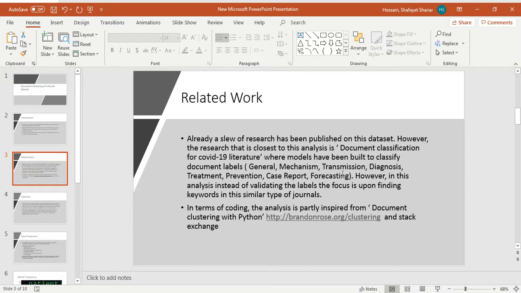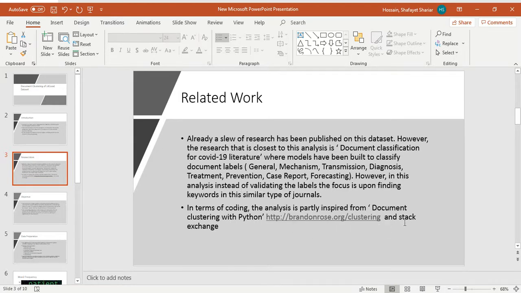However, my analysis differs in that instead of using these labels, I tried to cluster the documents based upon their terms, and my primary focus was to find scientific terms of those clusters.